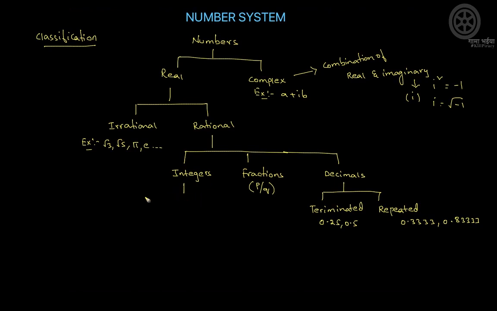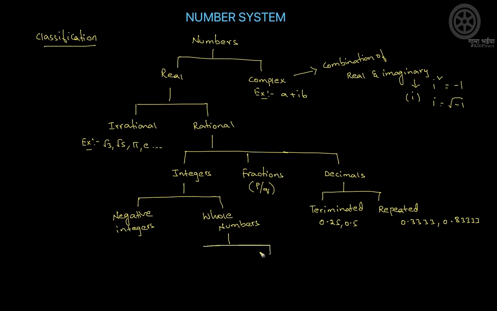And the integers are again divided into negative integers and the whole numbers. The combination of the whole numbers and the negative integers is nothing but integers, right?